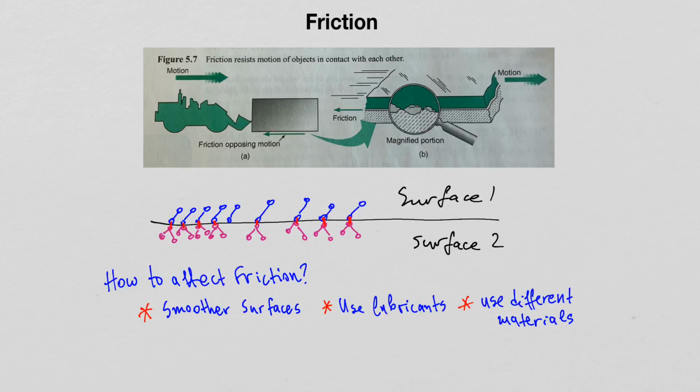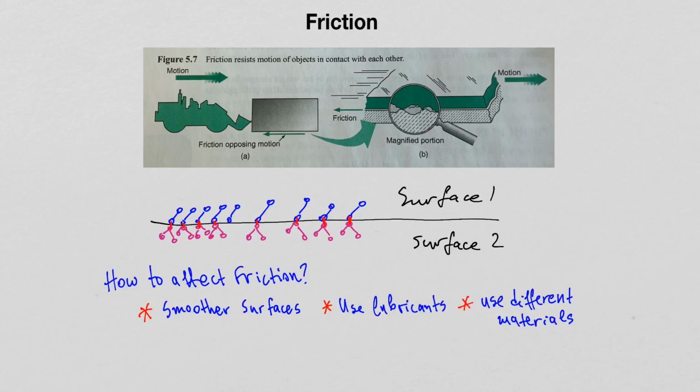How can friction force be changed between two surfaces, increased or decreased depending on the application? Well, if we want to decrease friction, the surfaces of the two objects that will be in contact can be smoothened. Smoother surfaces will decrease the mechanical interaction between the two surfaces, which will reduce friction. Another option would be to also use lubrication.